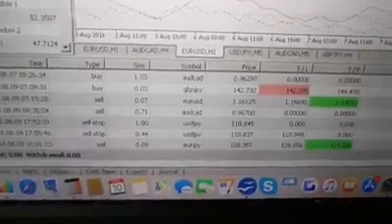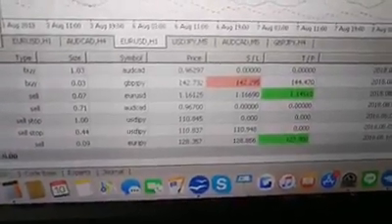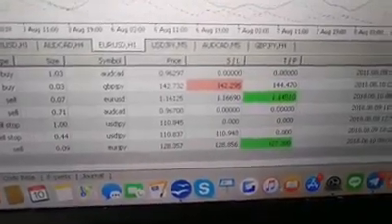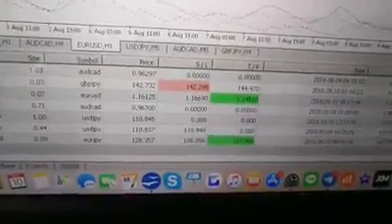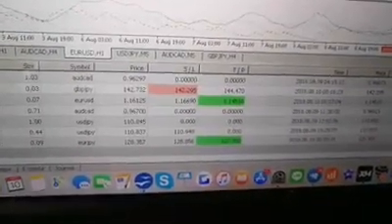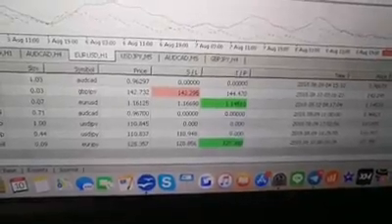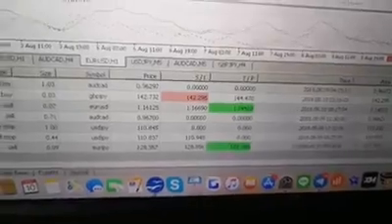This one went for a Euro USD from 116.125 all the way down to 114.51. So a huge range, around 140-ish, 150-ish pips.